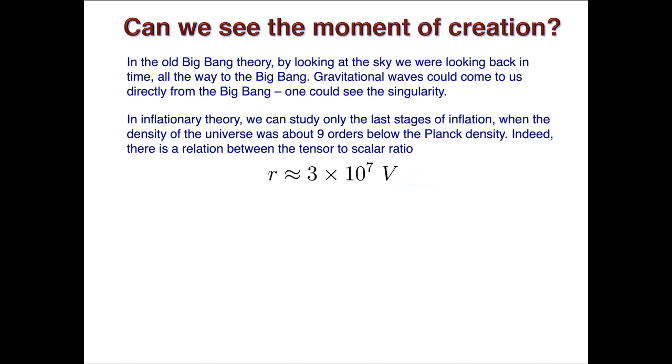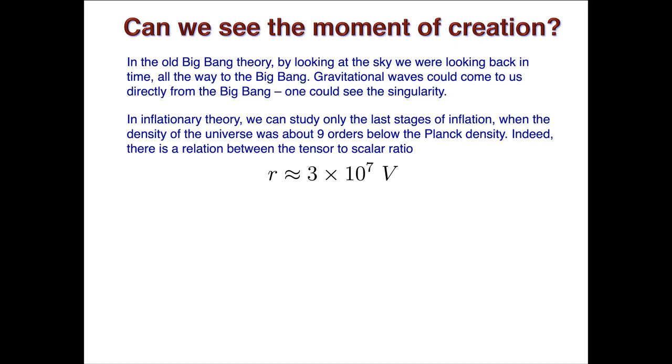And the reason is that the last important foldings of inflation, which blow up our part of the universe e to the 60 times or so, which makes all the part of the universe which we see right now, were formed according to observational data at an energy which is at least 9 orders of magnitude smaller than Planck density.